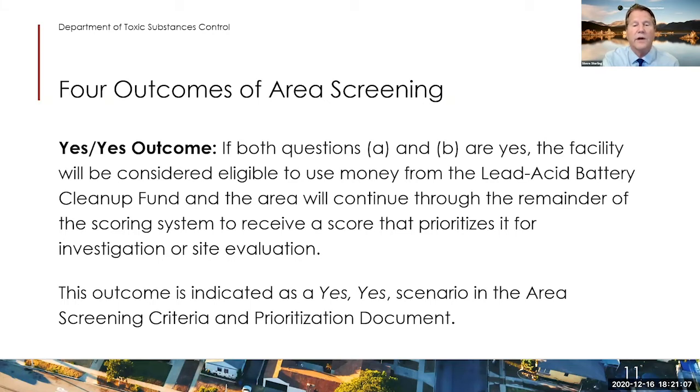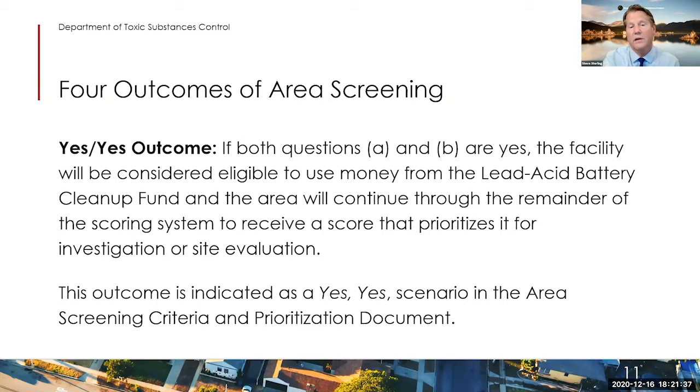In this yes-yes area screening outcome, the facility and areas affected by contamination from that facility are eligible to use money from the Lead-Acid Battery Cleanup Fund for investigation or further evaluation, and will continue through the remainder of the scoring process to receive a score that prioritizes that area at and around that facility for investigation or site evaluation.